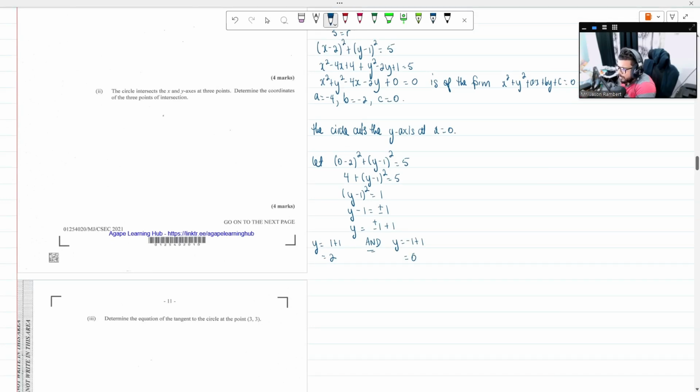Therefore, 2 points of intersection are when x is 0, y is 2. When x is 0, y is 0.